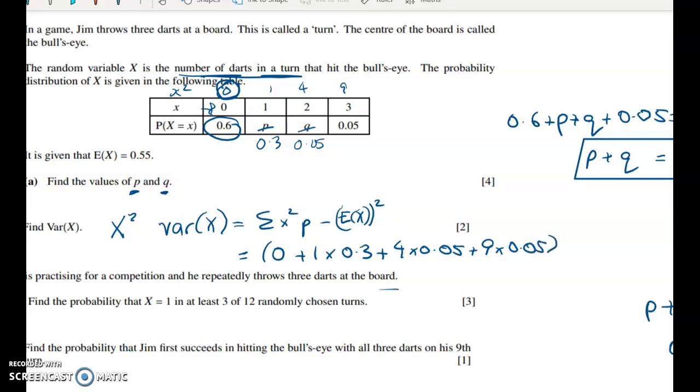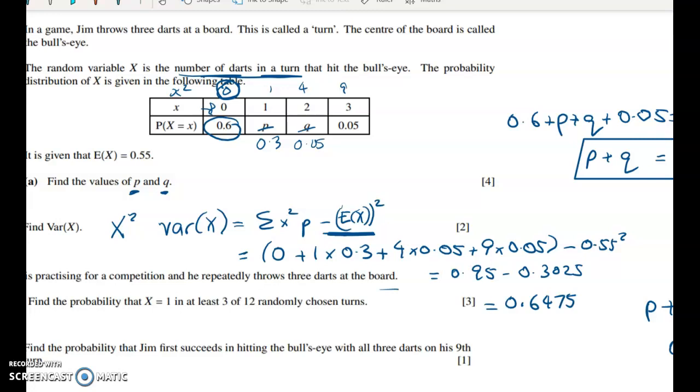Now it's really easy to stop there and forget that we have to subtract off the mean squared. So it's minus 0.55 squared. And when you put all of that into your calculator, you get 0.95 for the first bit minus 0.3025 for the second bit, which gives me a value of the variance of 0.6475.